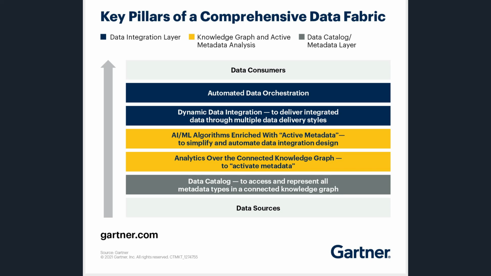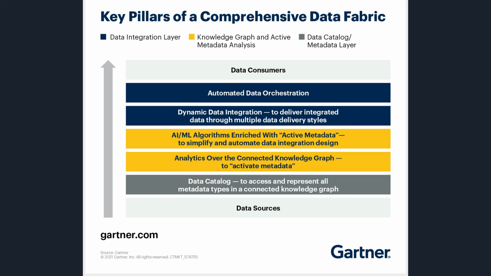On top of that knowledge graph, we want to do analytics to understand where the data resides and to give that unified view so that the user can consume the data. So that analytics is done over the connected graph, and that is where the metadata is known as active metadata. And then we have AI/ML algorithms which help us in automating data integration.